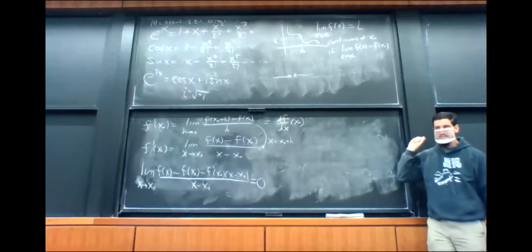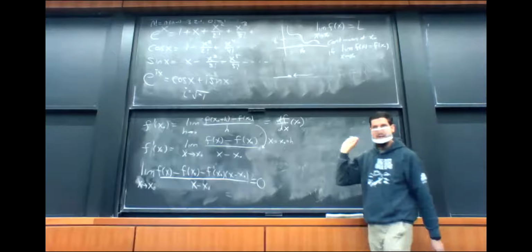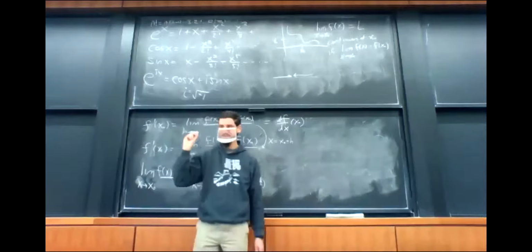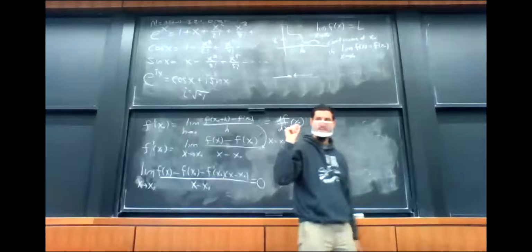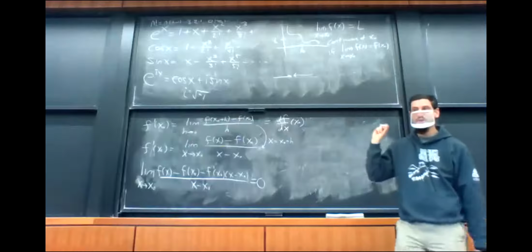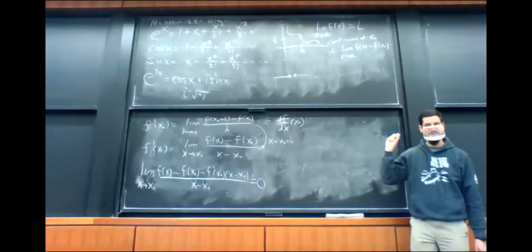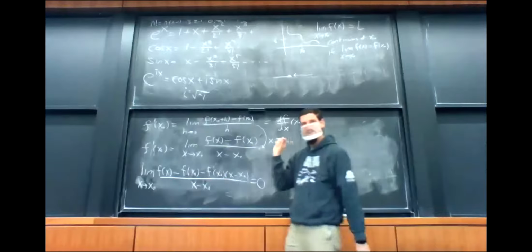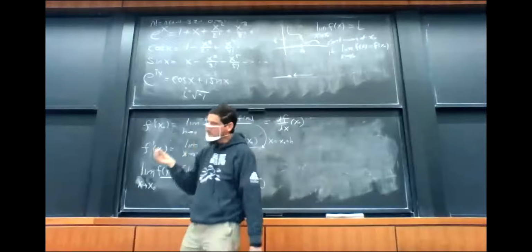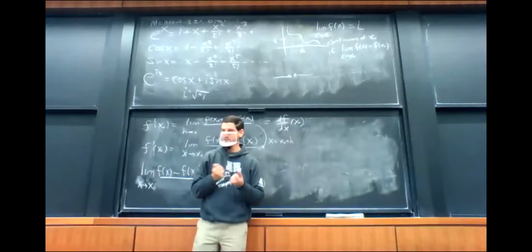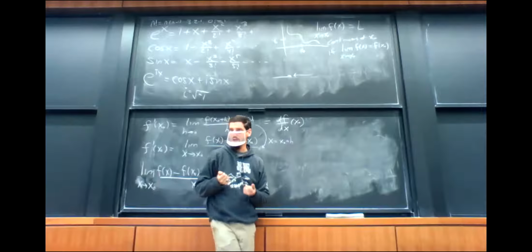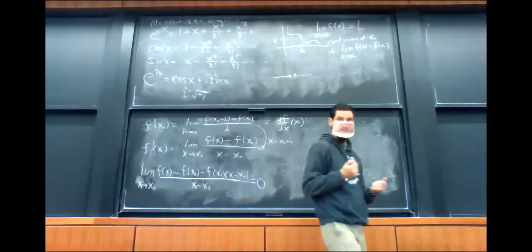If you're traveling 60 miles per second, how far do you go in 1 second? 60 miles. How far do you go in 1/10 of a second? 6 miles. How far do you go in 1/100? 0.6. Okay. I'm more confident that there's no significant change in speed in 1/100 of a second than I am in 1 second. I'm even more confident at 1,000th of a second.